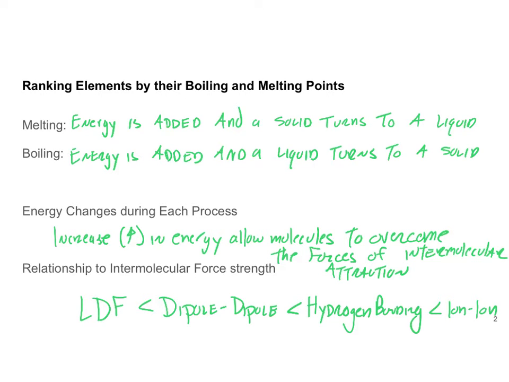So these would be the weakest, and these would be the strongest. And so what that tells us is that as you compare molecules in terms of melting and boiling point strength, the ones that have the stronger types of intermolecular forces of attraction are the ones that are going to have the higher boiling and melting points.